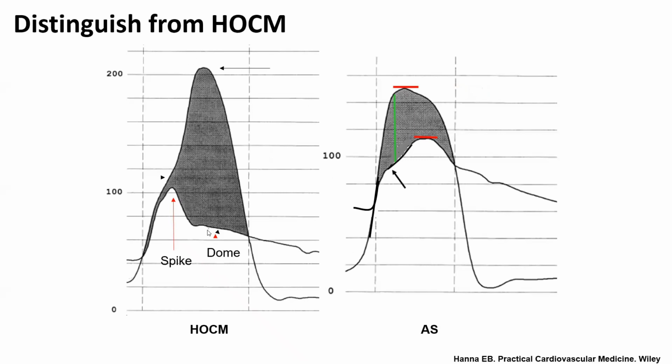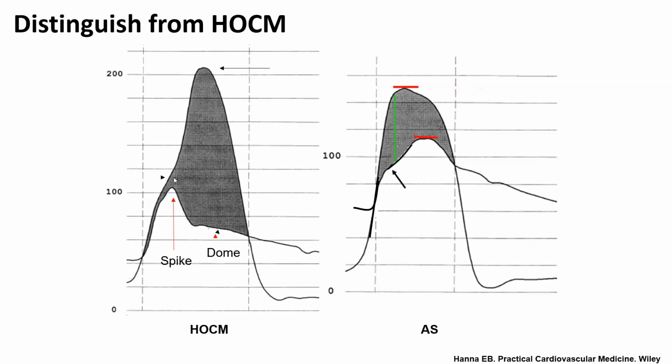So in HOCM, the LVOT obstruction is dynamic, meaning it gets worse in mid to late systole. The more the left ventricle contracts and empties, the smaller the LV cavity becomes in systole, the worse the LVOT obstruction becomes. So basically, you start with no obstruction. As the LV starts to eject in systole, there is no obstruction, and the LV and aorta are hugging each other.